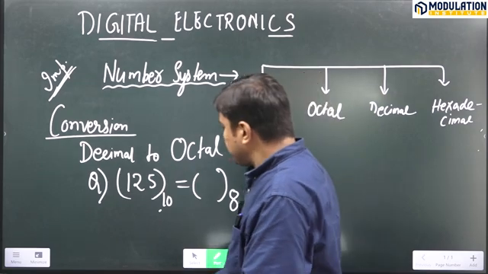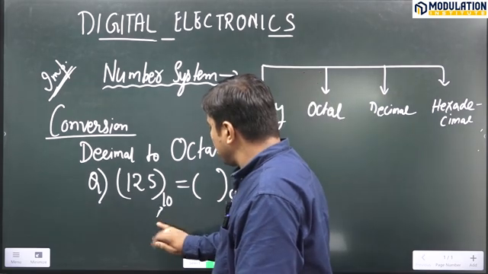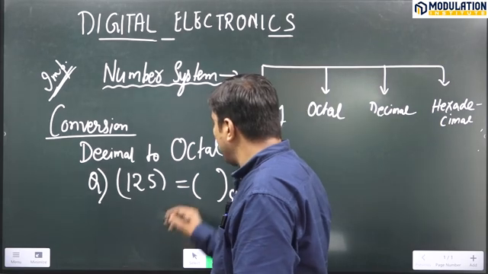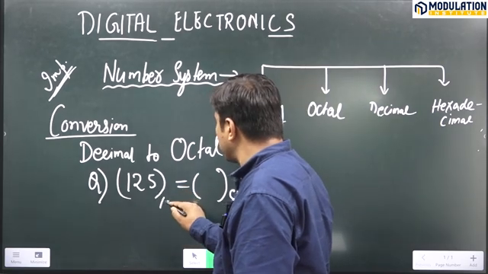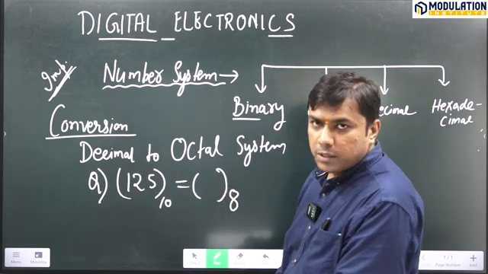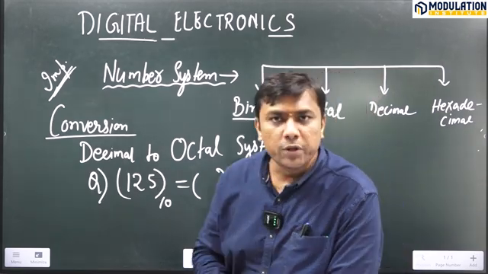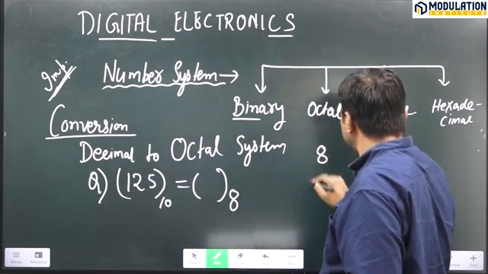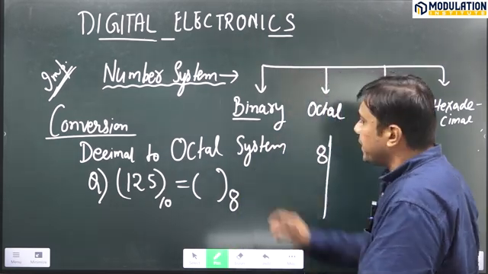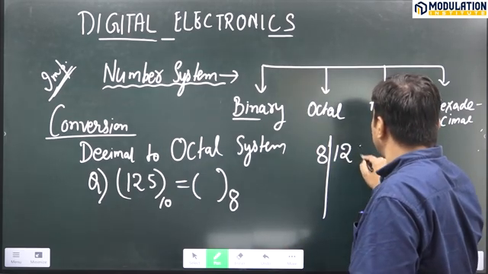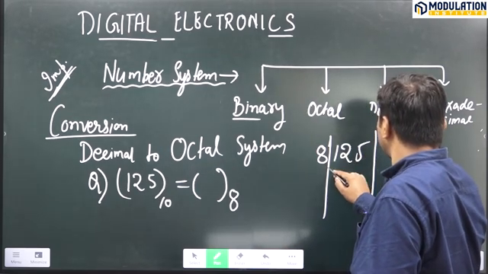Again, I am taking the same example, the conversion of 125 decimal into octal. Same process we have to do over here also. We have to convert the decimal to octal. We have to divide it by 8. Same division process we have to do.